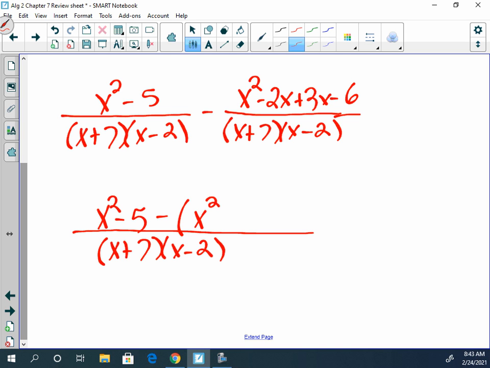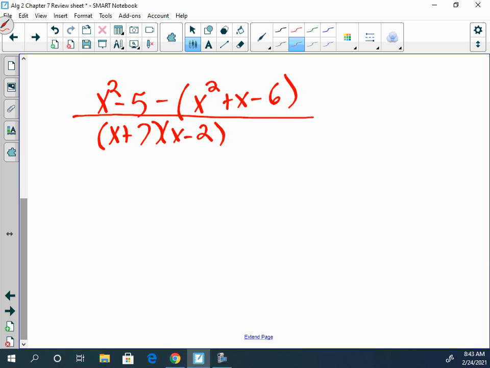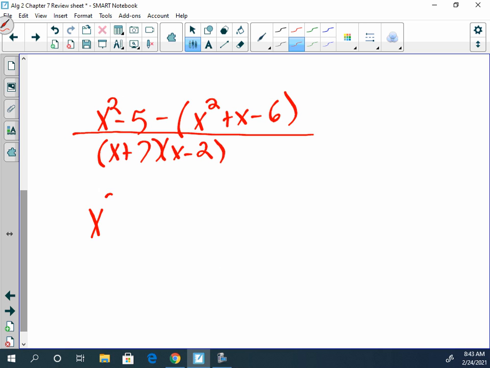We're doing another step, because what's negative 2x plus 3x? Plus x, yes? Are we comfortable with this step? Yes, okay. Minus 6, okay. Yes, and that's essentially what we're doing. Yes, we're timesing it by a negative.